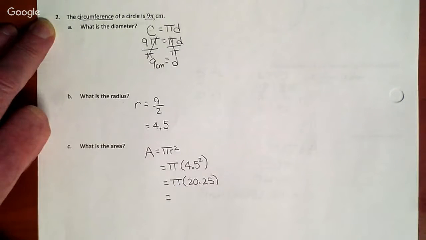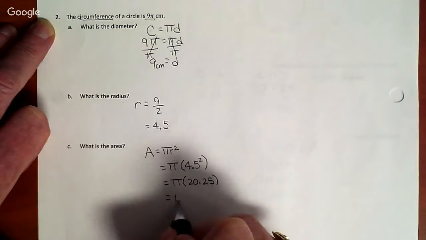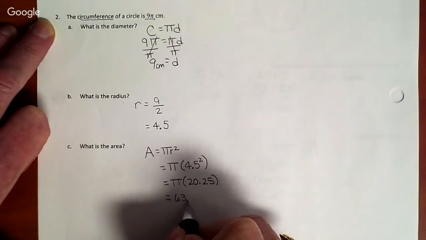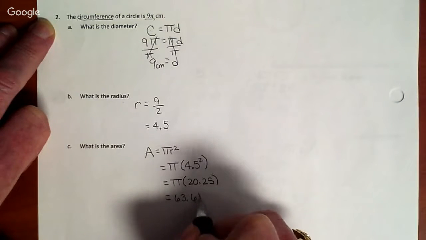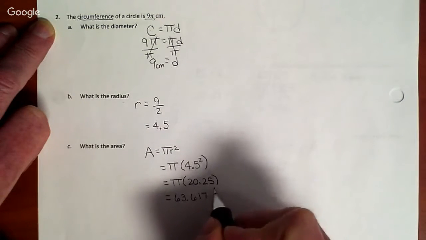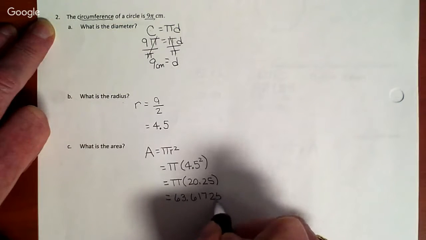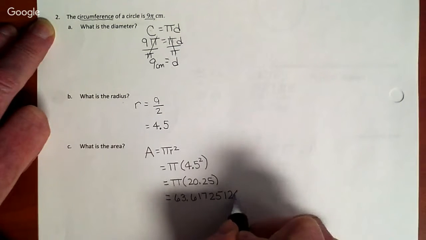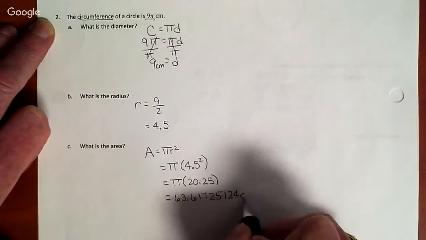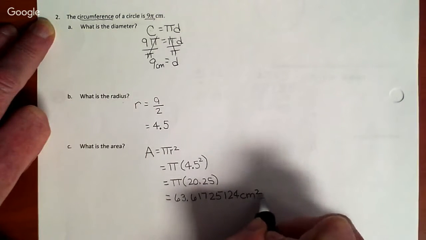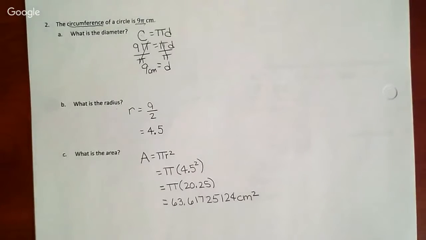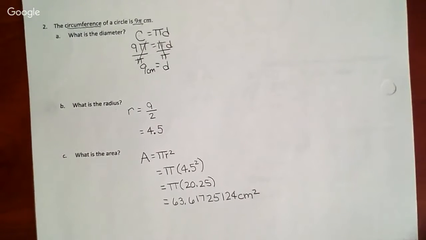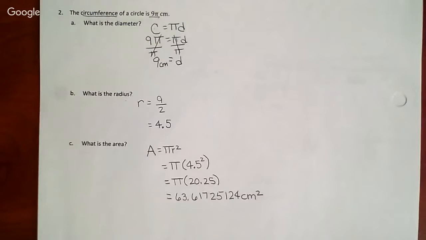We multiply that by pi, and we get 63.617. And our label is centimeters squared. Remember, the only time we square our label is when we're finding area.